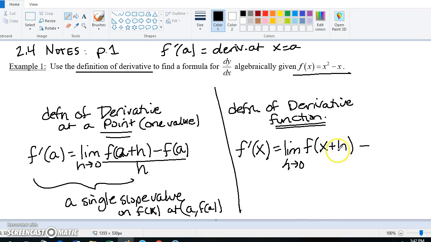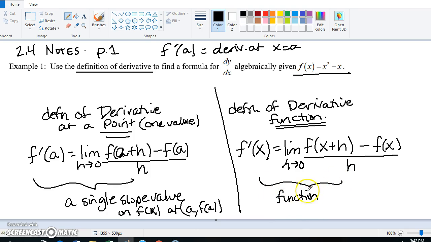So we have the limit as h approaches 0 of f of x plus h minus f of x all over h. This will result in a function. What function? The derivative function or the slope function.